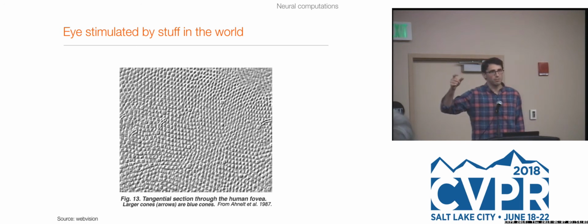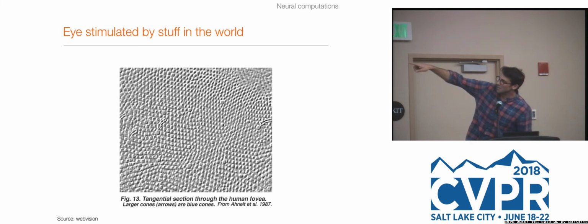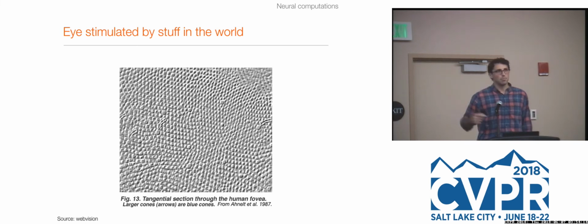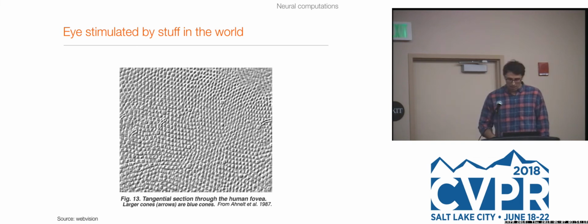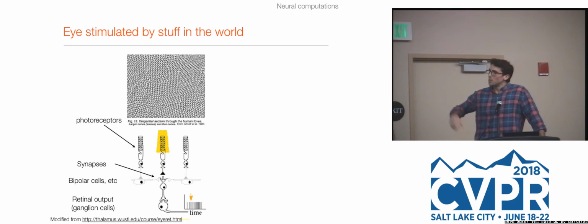This is because different cones are sensitive to different wavelength spectra of light. It's very faint, but the arrows there are pointing to these B cones, so blue spectra. So already we can start to talk about the computations in early vision, even at this level of the retina, which to me is kind of shocking and very cool.